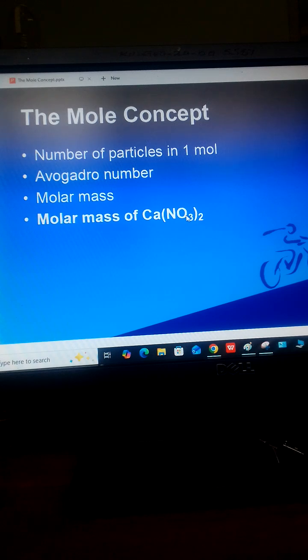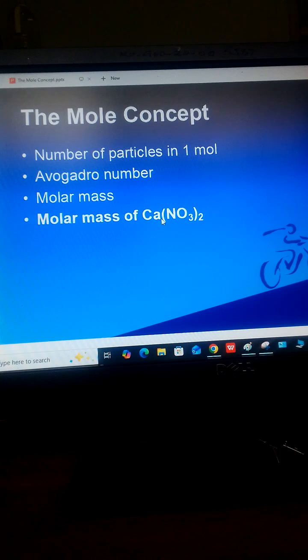To find the molar mass of calcium nitrate, that's the mass of 1 mole of calcium nitrate, we add the atomic mass of calcium, which is 40.08, plus the total atomic mass for nitrogen, that is 14.007 times 2, plus oxygen, 15.999 times 6.